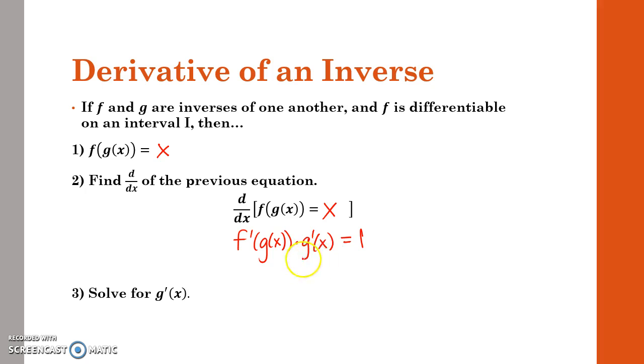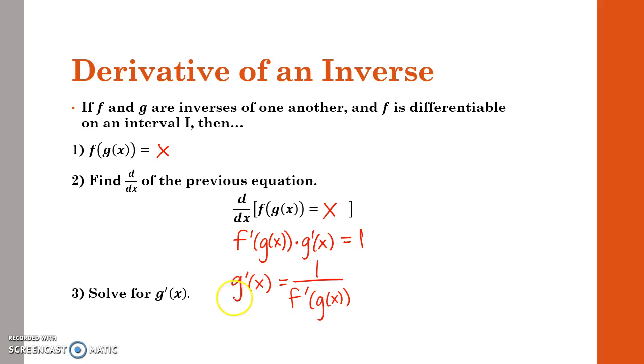Now I'm going to solve for the g prime of x term. I get g prime of x equals 1 over f prime of g of x. Now g of x is just f's inverse.